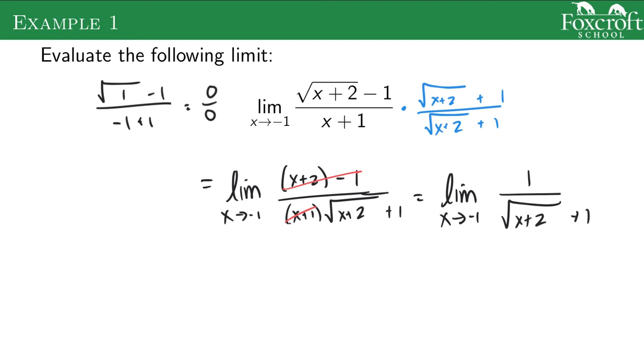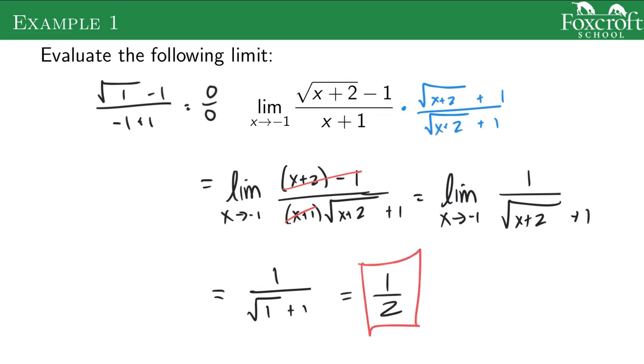Right. And now that I cancel that thing out, I can again try to plug in -1, and when I do, I'm going to get 1 over the square root of 1 plus 1, which is 1/2. So my final answer is 1/2. All right, so this is something that we learned in a previous unit, using this conjugate to help us simplify our fraction, so then we can plug in the limit that we care about.